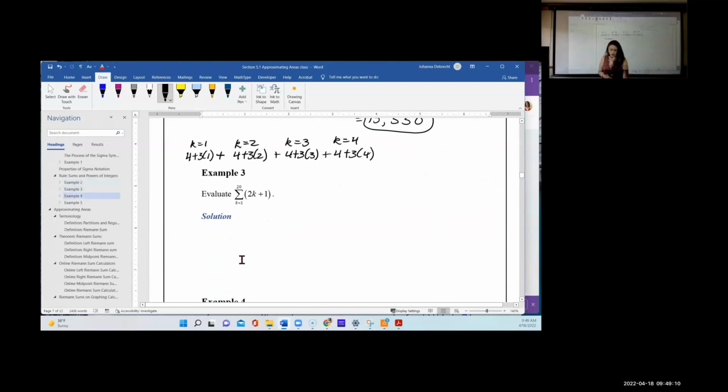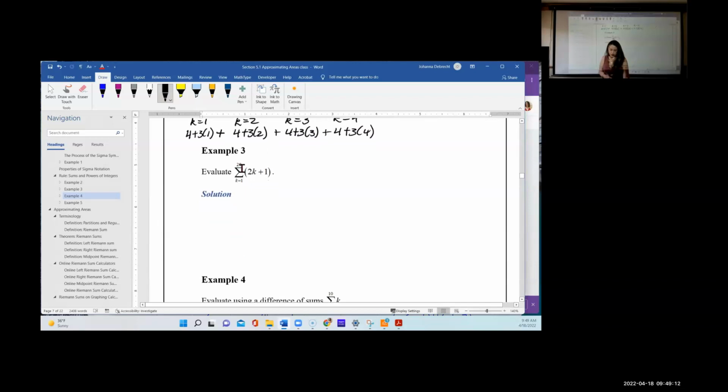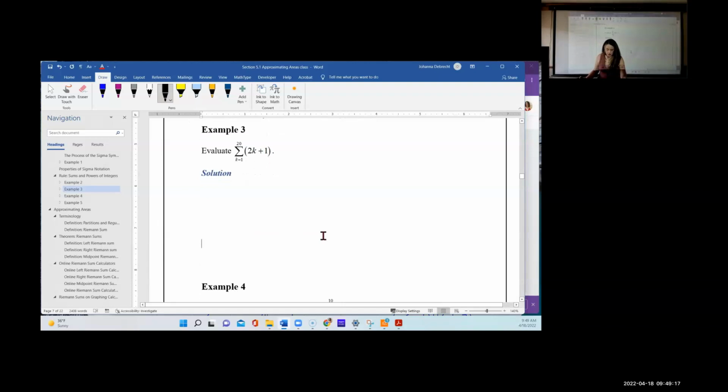Okay, let's try another one. This is the sum from k equal 1 to 20 of 2k plus 1. And again, just to remind you, if you were actually to multiply this out, you would let k equal 1, and you would have 2 times 1 plus 1, plus, now k equals 2, 2 times 2 plus 1, plus, now k equal 3, 2 times 3 plus 1, plus, now k equal 4, 2 times 4 plus 1, plus, and it goes up to 20.